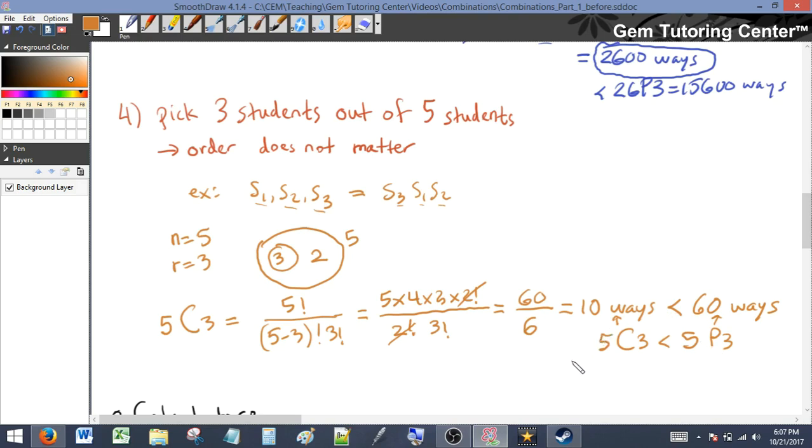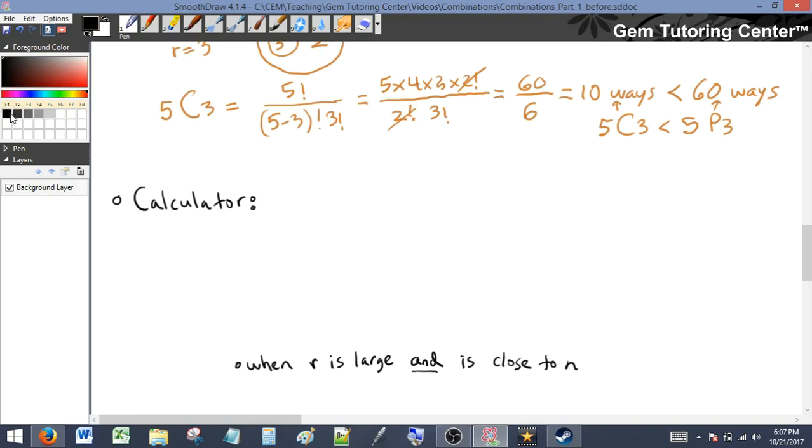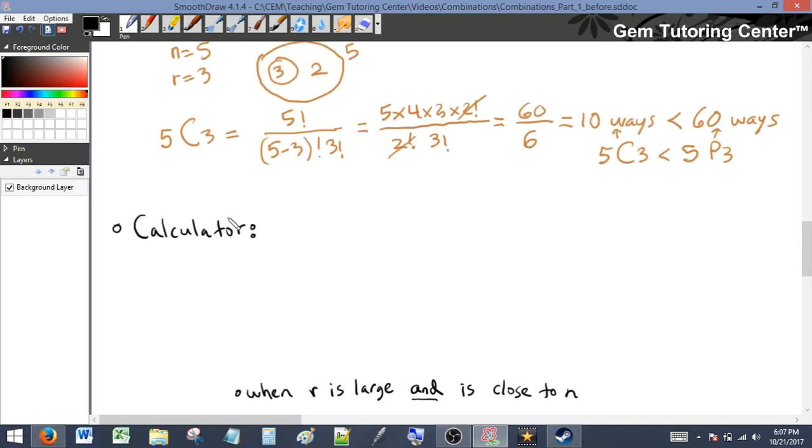Okay, now let's talk a little bit about the calculator and how you would use that to find the combinations. Here's the calculator. You have on your calculator an NCR key. It looks like this.